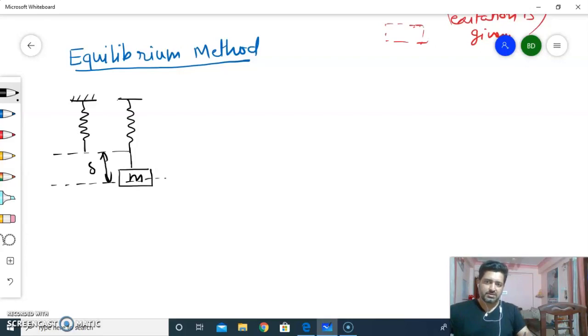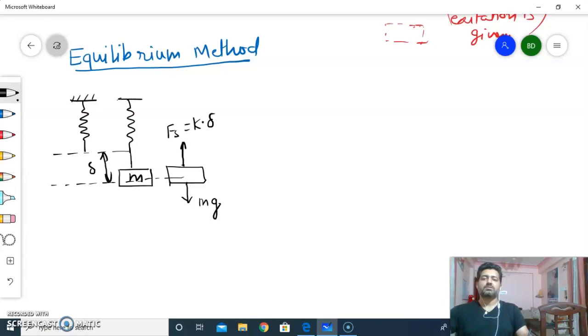Since there is deflection, because of the mass, the force will act downward. It will be the mg, and there will be resistance force, which will be the spring force, that is k delta, which will act in opposite direction but equal in magnitude to the downward force.